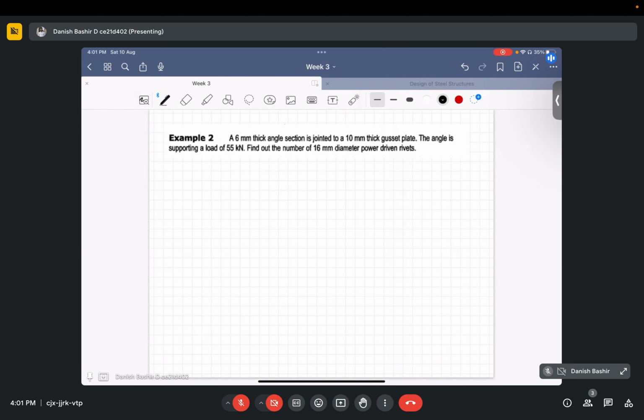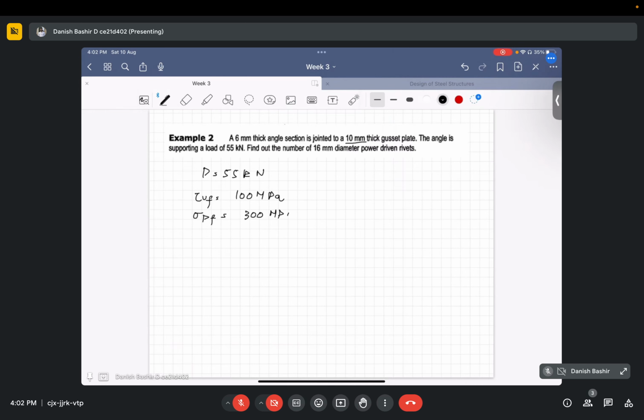I have kept an example 2 here. A 6 mm thick angle section is jointed to a 10 mm thick gusset plate. The angle is supported by a load of P equal to 55 kilonewton. Find the number of 16 mm diameter power driven rivets. So for power driven rivets, tau vf is equal to 100 MPa and sigma pf is 300 MPa.